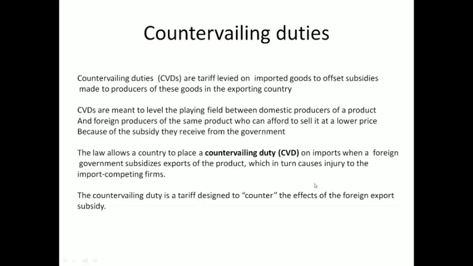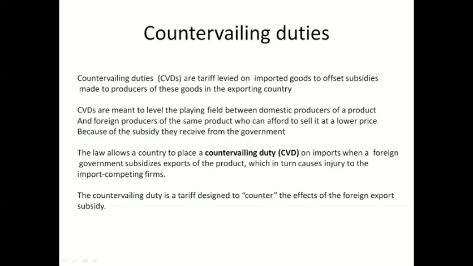So it means we are trying to offset the subsidies which are provided in the exporting countries, here in the importing country. The CVDs are meant to level the playing field between domestic producers of a product and foreign producers of the same product who can afford to sell it at a lower price because of the subsidy they receive from the government.